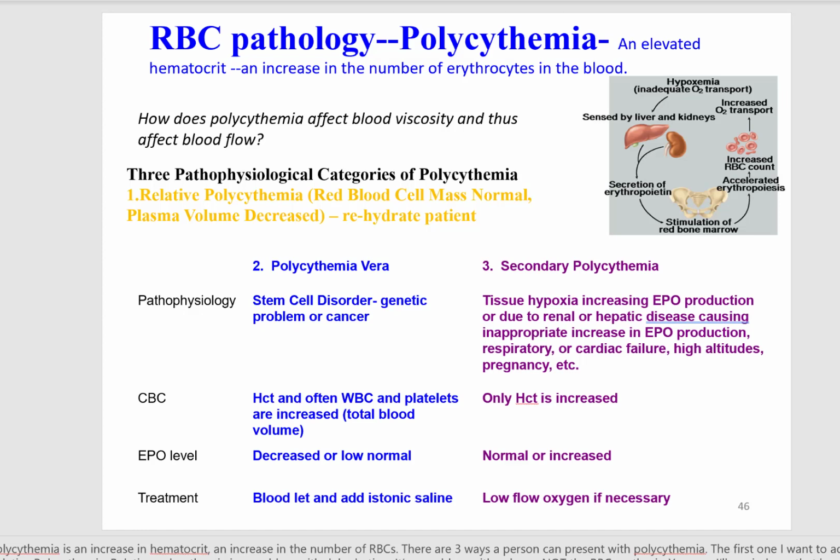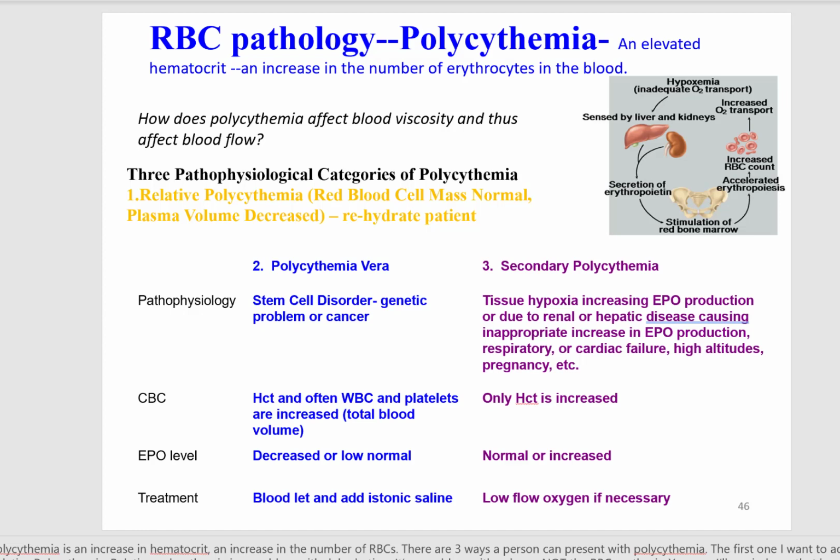It is not obeying negative feedback procedure through the erythropoietin kidney procedure that I told you about earlier. We would see an elevated hematocrit. We would also see an elevated white blood cell and platelet count. So total blood volume would go up, not just the red blood cell count.